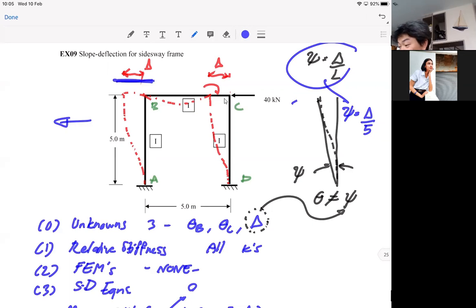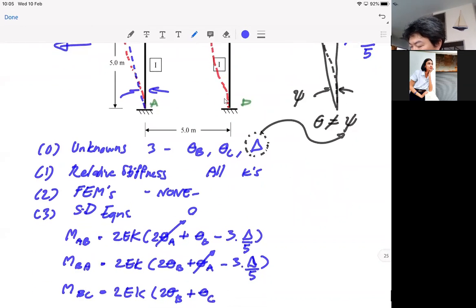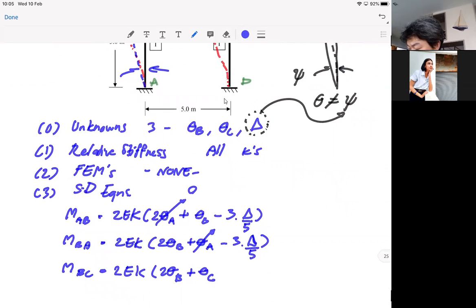So that means your member AB will move like this as a reference line, and that is your psi. But member BC, it remains horizontal. So there is no rotation of member BC. You see, it's very clear. So this is 0.